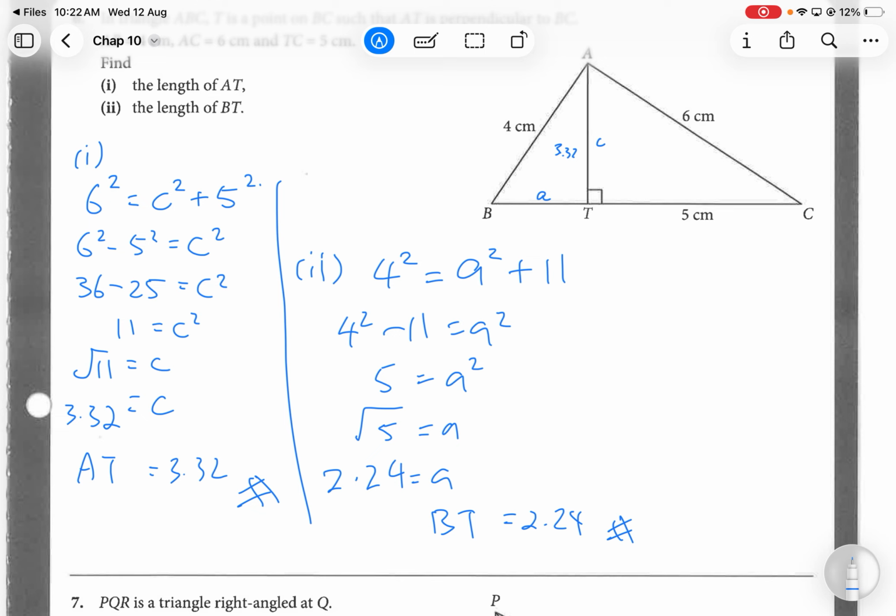So I need to find QS, I need to add them together. But the relationship no change. Longer side is Q. Q squared equals R squared plus 30 plus 42 squared. Now the other shorter side is these two added together, so I have to add them together before I square them.